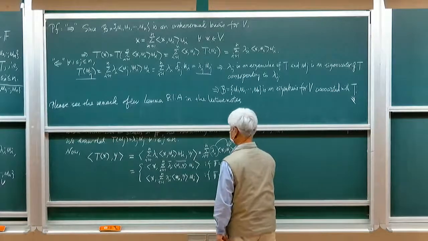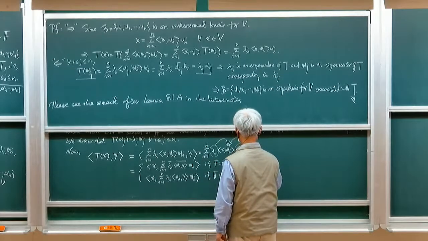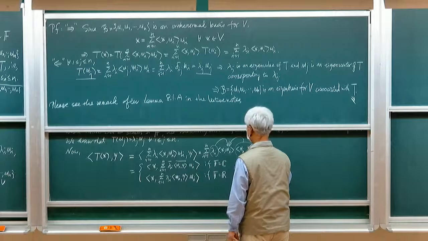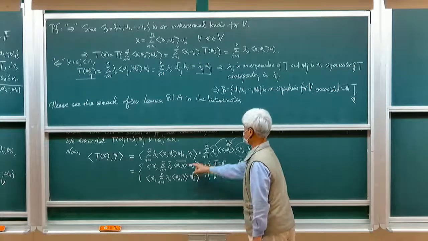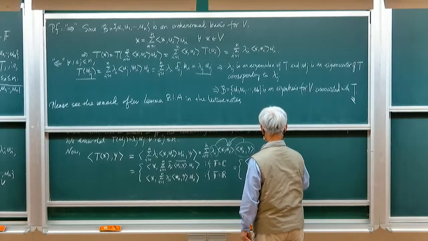Now, here, the inner product of x with the sum over i from 1 to n of lambda_i bar, and here is y, u_i.